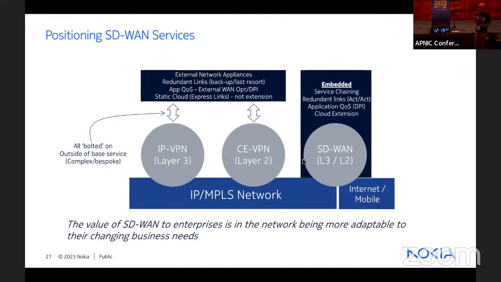Probably not. So that's why I'm saying that they both have their place. It's not as if one will displace the other. In fact, you can use both in parallel, as we'll see in one of the use cases that we have. You can use MPLS in conjunction with an SD-WAN that is running over the public internet.